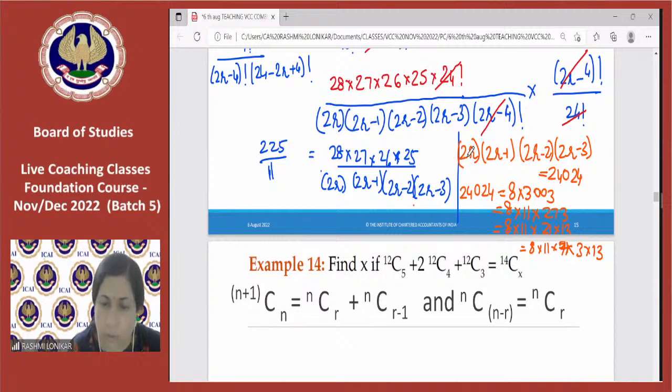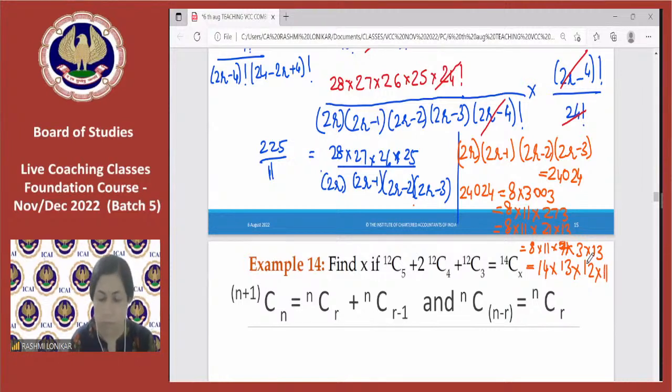But see what I want, 2r, 2r minus 1, 2r minus 2, 2r minus 3. So I must have these numbers in the descending order. So, and they must be consecutive numbers. So here I can see 13. So let me see. And here I have 7. So I will write this as 14 into 13 into 12 into 11.